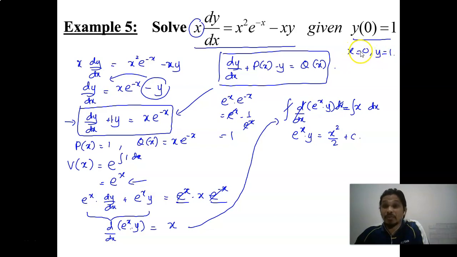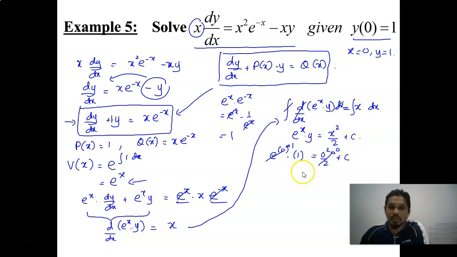So when x equal to 0, y equal to 1, we substitute here: e power of 0 times y equal to 1 equals 0 squared over 2 plus c. Here e power of 0 equal to 1, 1 times 1 equal to 1, so c equal to 1.